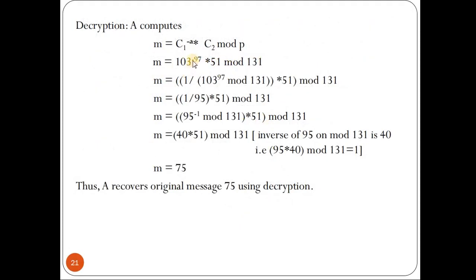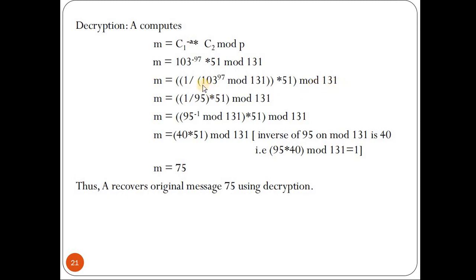Now 103 to the power minus 97 can be written as the inverse, that is 1 by 103 to the power 97, and you also take mod 131 inside. So it will be 1 by 103 to the power 97 mod 131 into 51 whole mod 131.